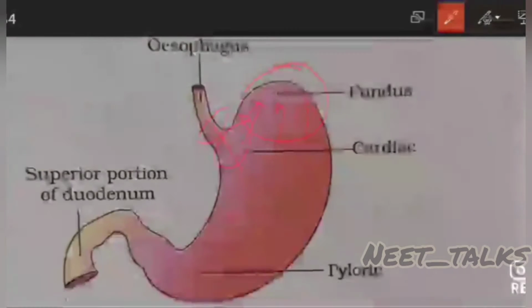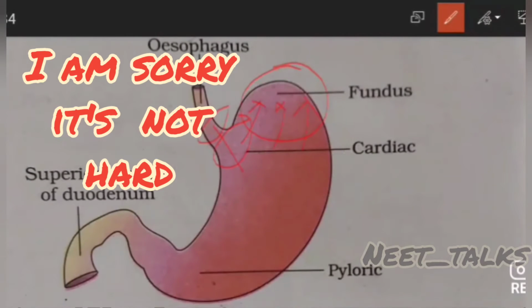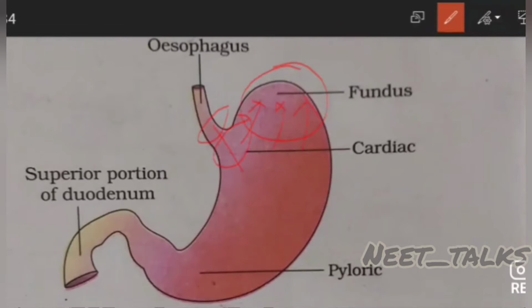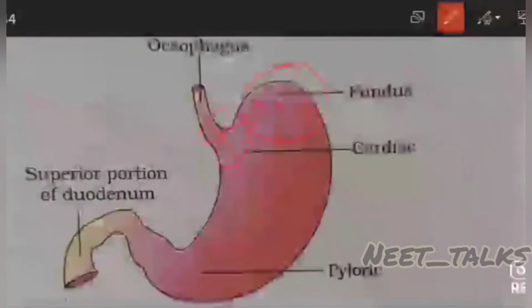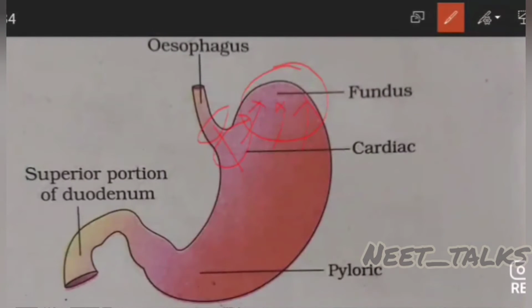This fundus part does not have any role in the digestion. It is a bit hard structure, meaning the wall is a bit grown at this portion, and it contains the gases. When we take in the food, some of the air reaches our alimentary canal, and that gets stored into this fundic part of the stomach.